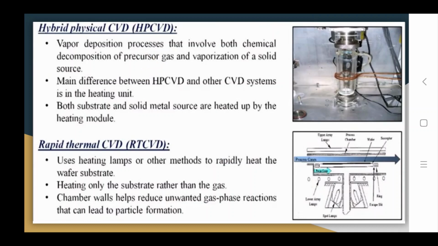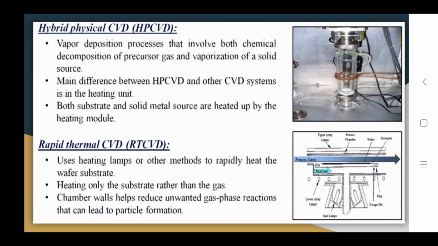Now next one is the rapid thermal CVD process. This one uses heating lamps or other methods to rapidly heat the substrate, heating only the substrate rather than the gas. So the chamber walls help reduce the unwanted gas phase reaction, which can lead to particle formation.